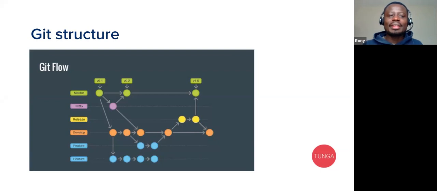Number one, for us, is that there must be a Git structure, because it is very important to know how you structure your code base and your repository if you are collaborating, to facilitate things like rollbacks, hot fixes and features. So it depends on how you build it, but we highly recommend that you have a Git structure there.